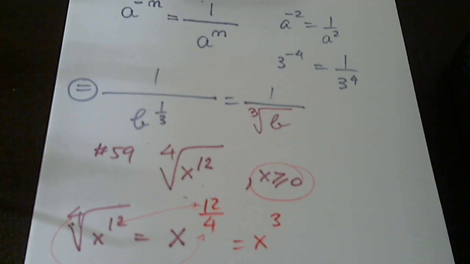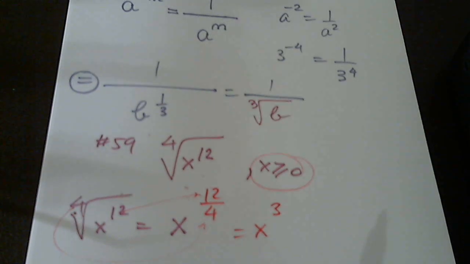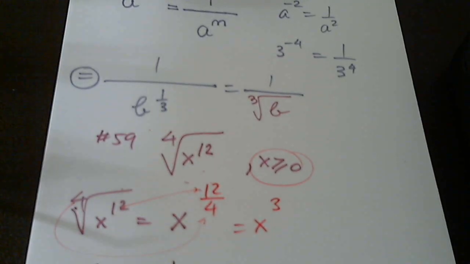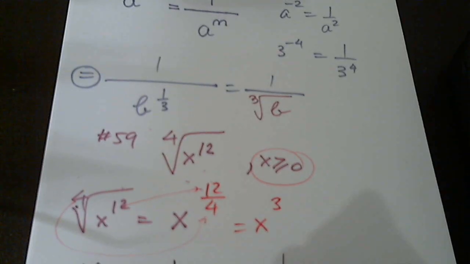And they should also say t is greater than 0. But they didn't. That's an error. Good. So t is greater than 0. Perfect. So how will I rewrite, first of all, this as an exponent or exponential notation?